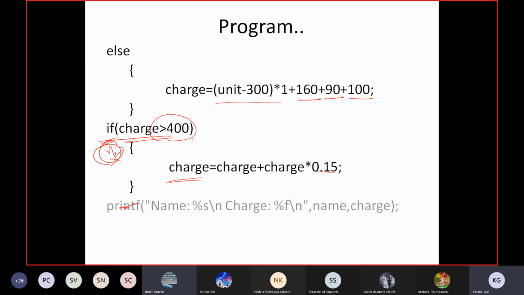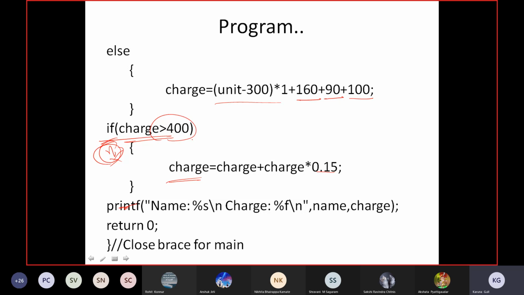Okay, go ahead. Finally we are going to print the charge, the name and the total amount that you have to pay. And this is return 0, because I started with int main, and this is the end of main. Is it okay? Yes, ma'am.